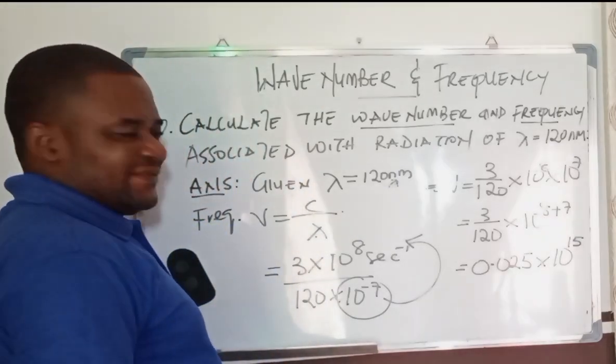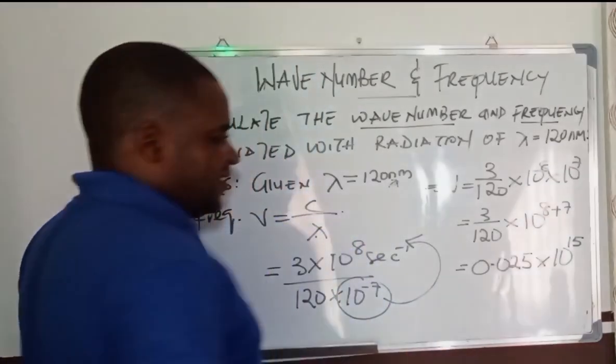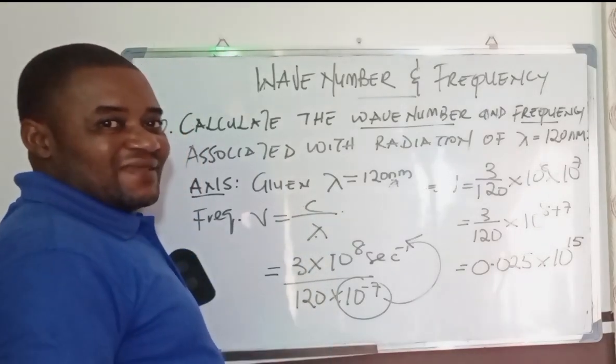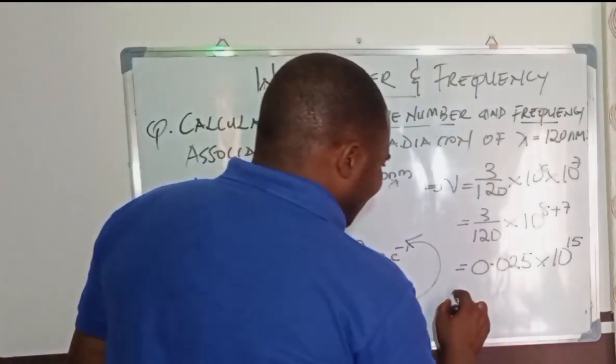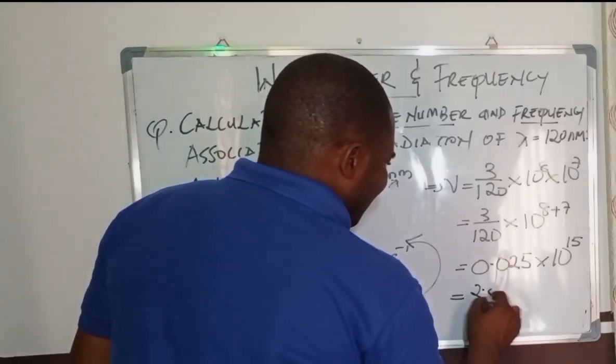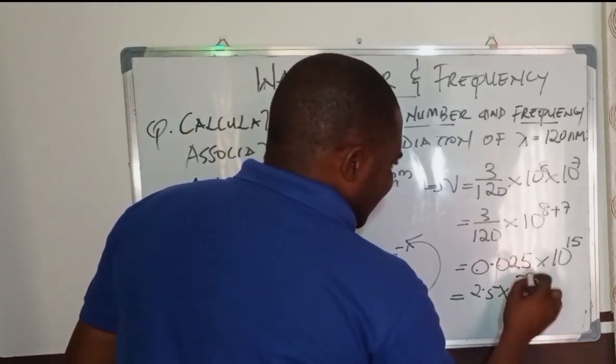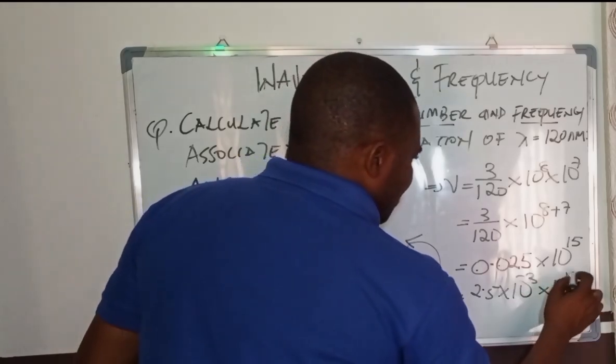Now, do you know that this value that you have here can also be changed into a decimal? That means you can also have 2.5 times 10 raised to power minus 3 times 10 raised to power 15.